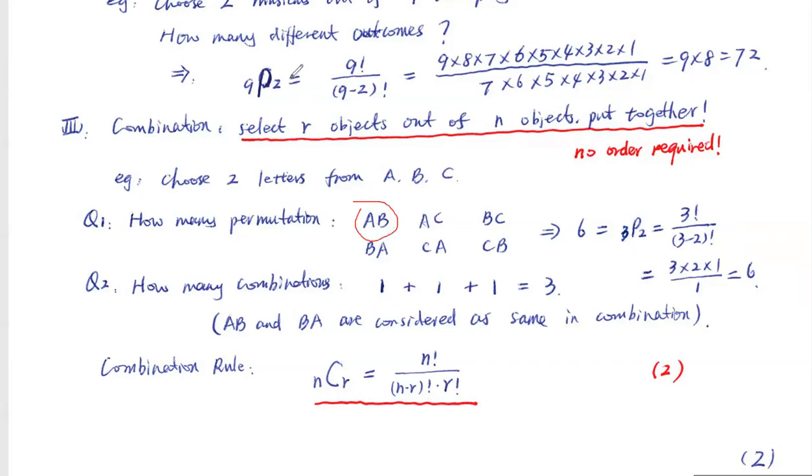So in other words, AB and BA we will consider as one case, one output. AC, CA, we consider as one output. BC, CB, considered as one output. Because they are together, I consider them the same.